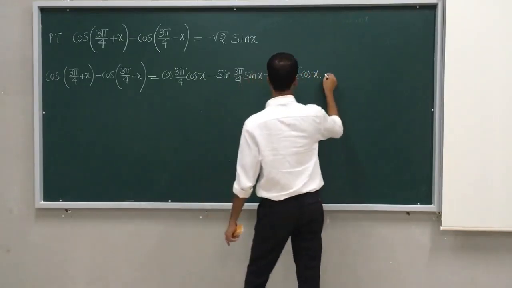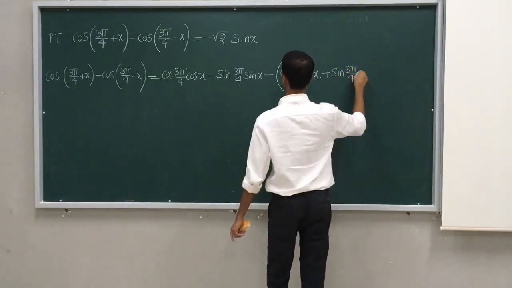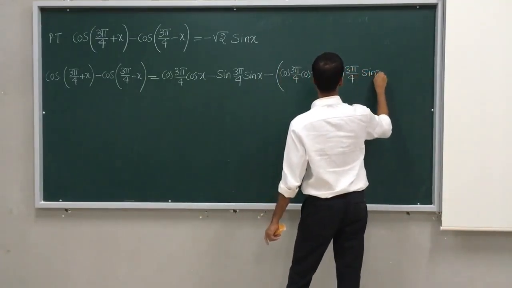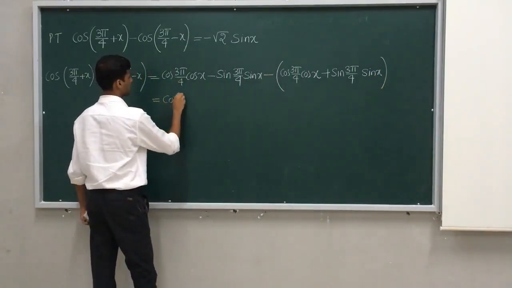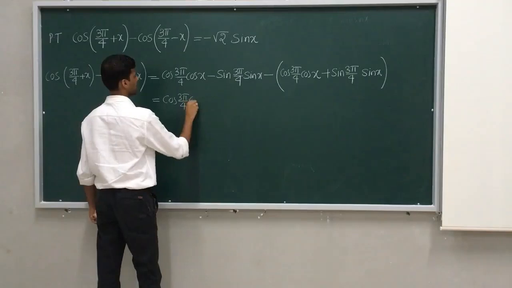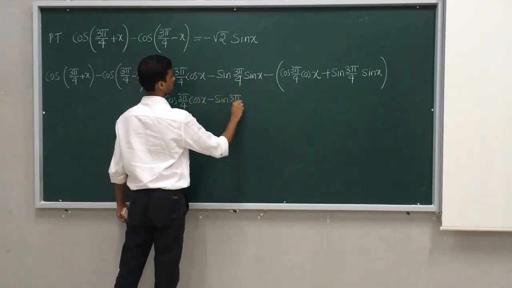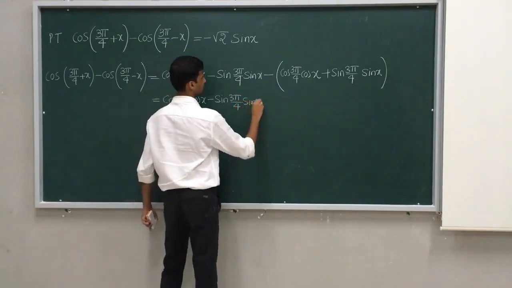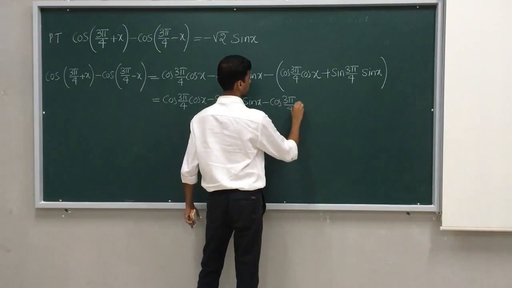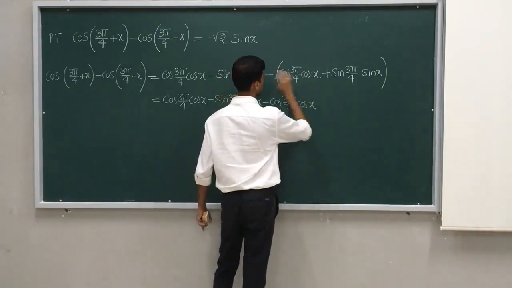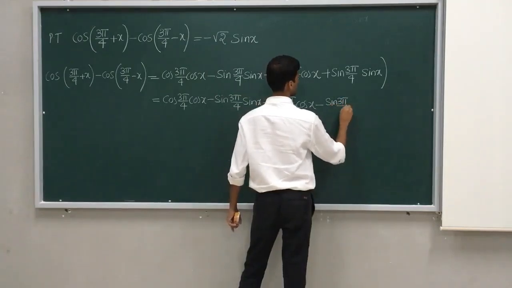Yes, though it is minus, it will become sin A sin B, right? Now it's time to simplify this. It is cos 3π/4 into cos x minus sin 3π/4 into sin x. I will multiply minus cos 3π/4 into cos x plus into minus sin 3π/4 into sin x.